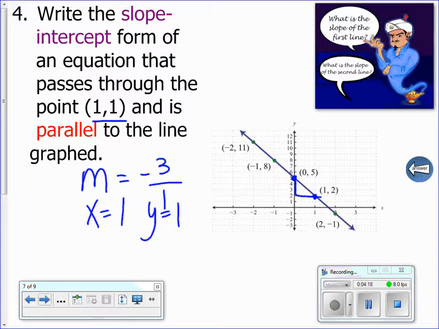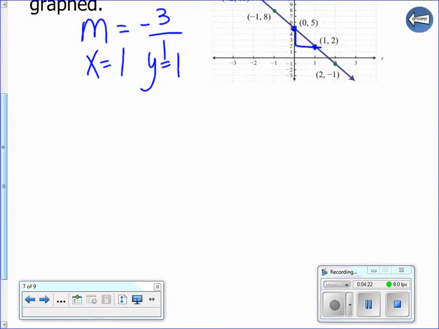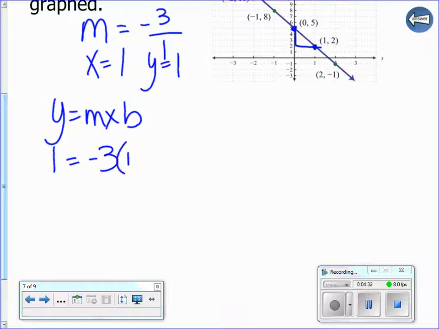So this one I want to do both ways. So again, you can see that you can do it either way. So I can start with y equals mx plus b. y equals negative 3 times 1 plus b. So y equals negative 3 plus b.